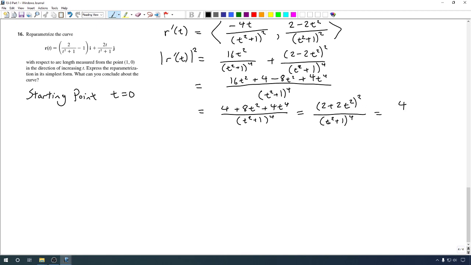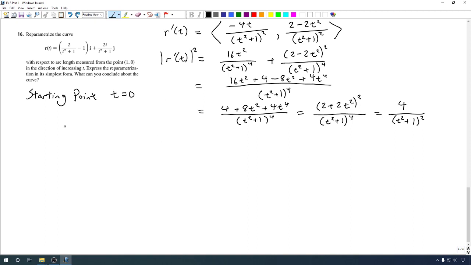Well, we already have (t squared plus 1) to the 4th on the bottom. So that square can cancel out 2 of the (t squared plus 1)s from the bottom. So we get 4 over (t squared plus 1) squared. And then one last step, because this is not the magnitude, it's the magnitude squared, we take the square root.